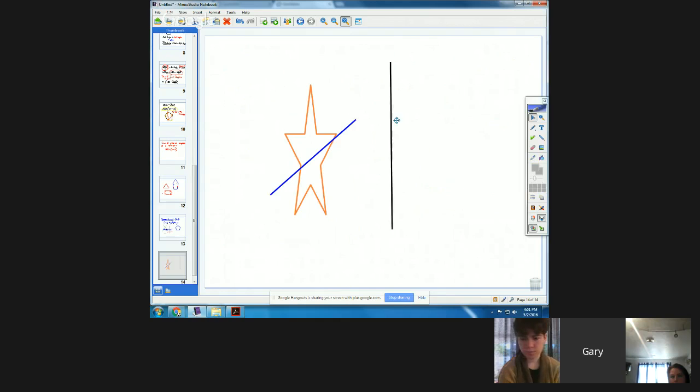Like the black line, cut this in half symmetrically. Doesn't do it. So if I folded on that blue line, would all of the orange lines line up? The answer is no, they wouldn't.